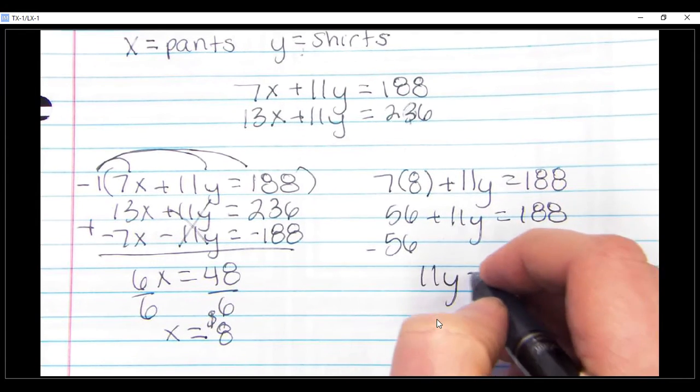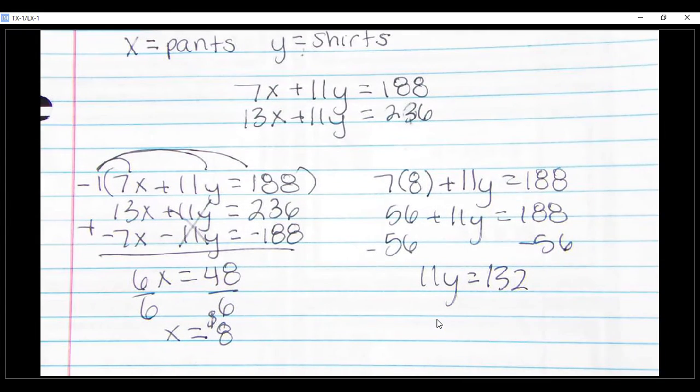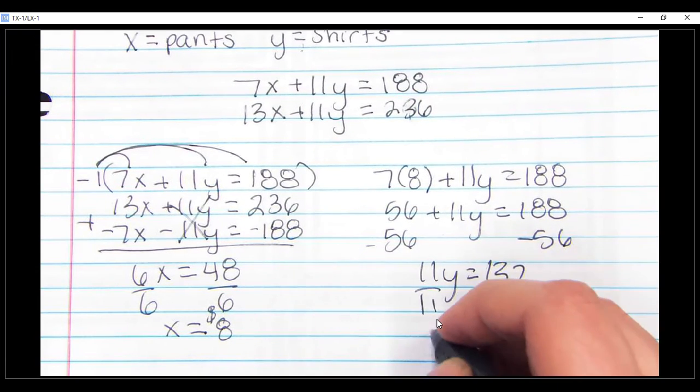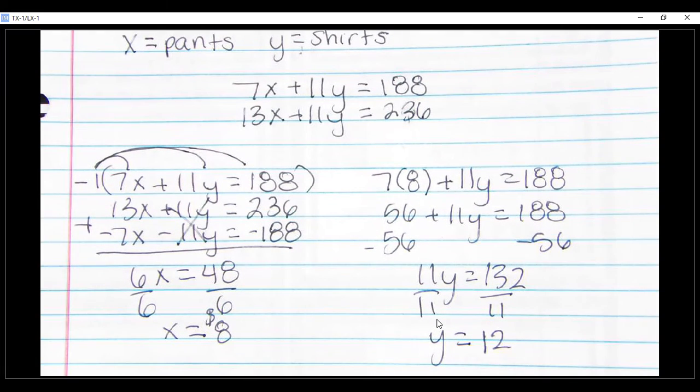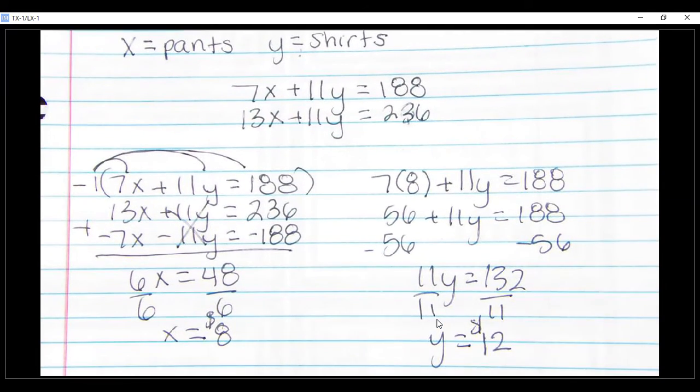And we have 11y is equal to 132. Divide by 11 on both sides, and I have y is equal to $12, or 12. Again, it's very important to know what your variables stand for. So now I can say, just by looking back at what I've identified, that my shirts cost $12.